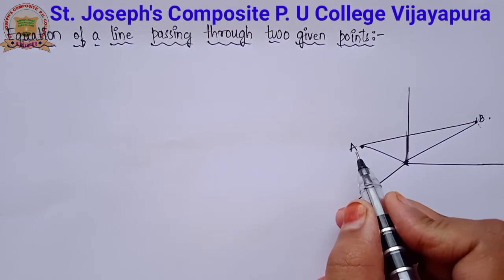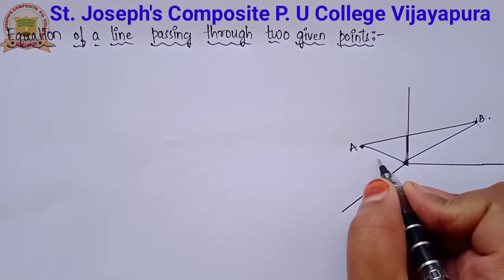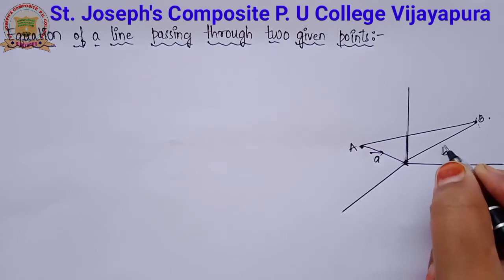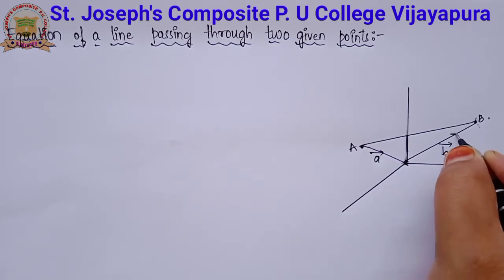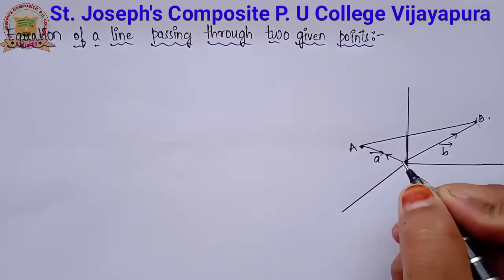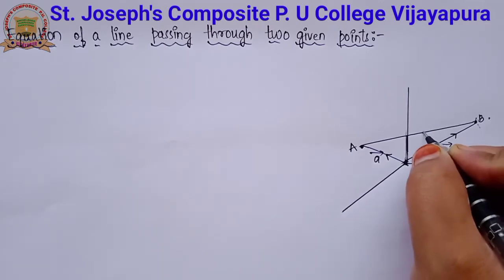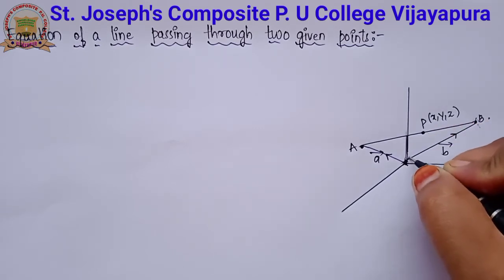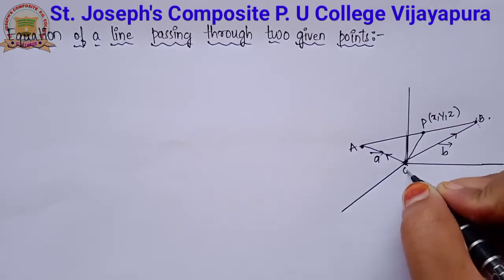The point A has the position vector A and point B has the position vector B, with the direction in this manner. Now I will consider one more point P on the line having the coordinates x, y, z, and I will join this with the origin.